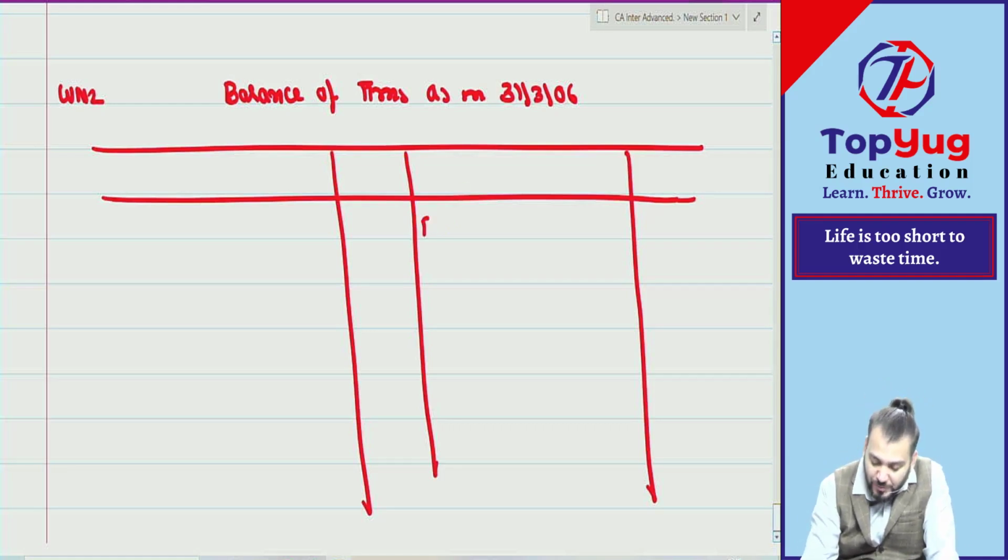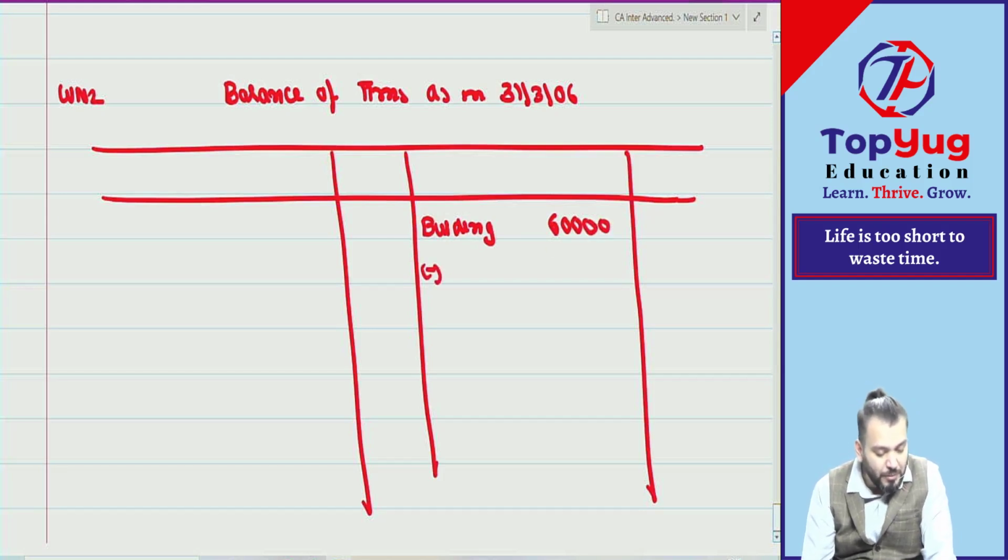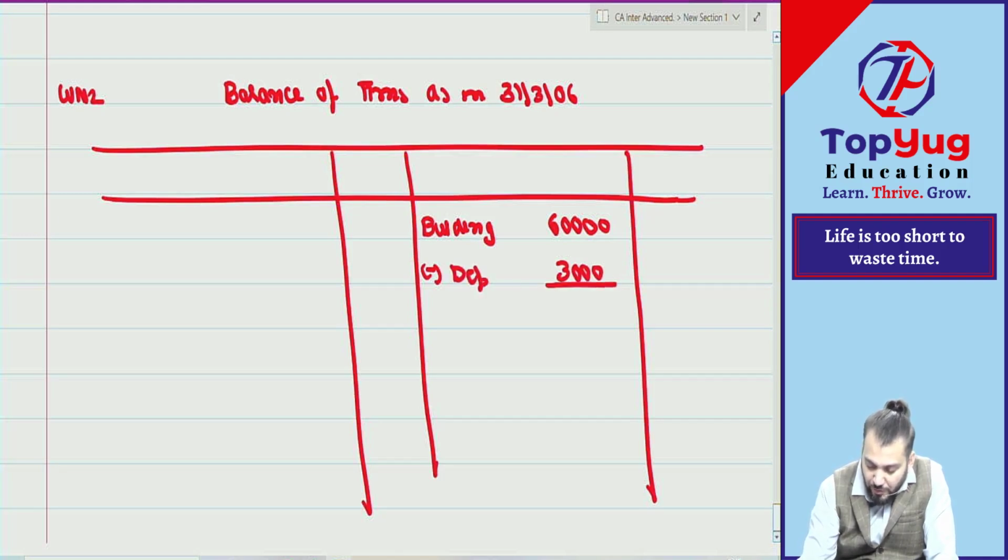Building, how much is given? But it will come after depreciation. 60,000 minus what? Rate of depreciation, how much is given? 5%. 5% of how much? 3,000 minus depreciation. It will be 57,000.